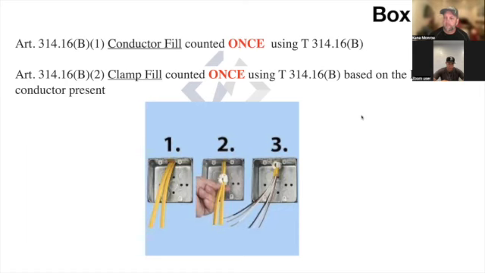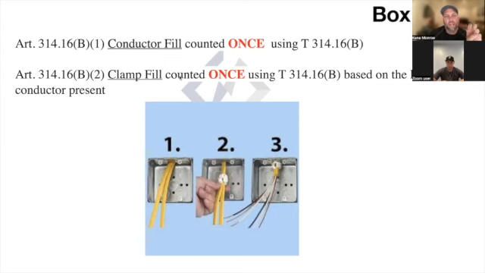But what you'll need is right here on the screen, your conductor fill. Let's say we're using 14 just for simplicity purposes. You've got a conductor fill counted once as per this table, so you've got a 2 now, and we'll just work on that. That's 2.